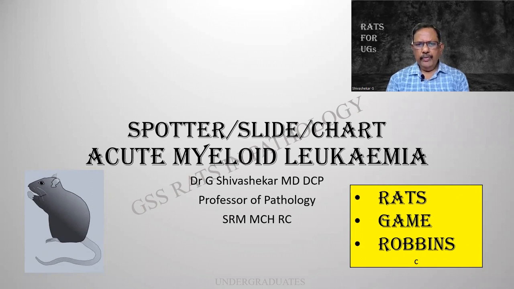The next couple of slides or spotters that I'm going to project shall be from acute leukemia. When I say acute leukemia, it can be acute myeloid leukemia or acute lymphoblastic leukemia.